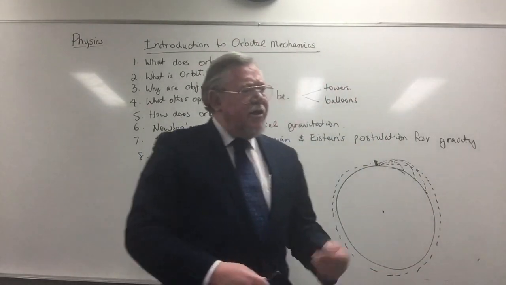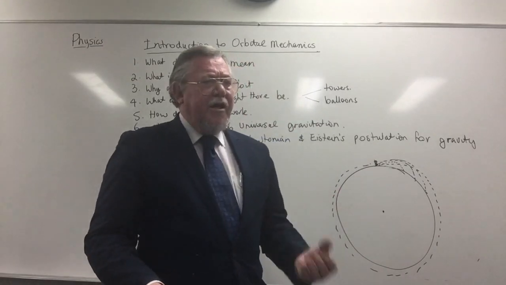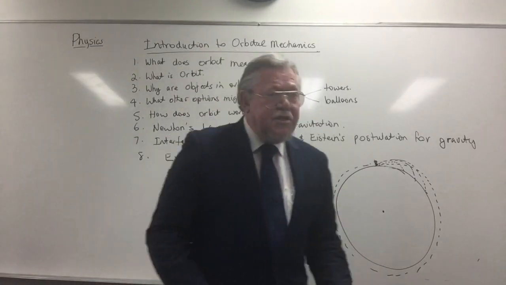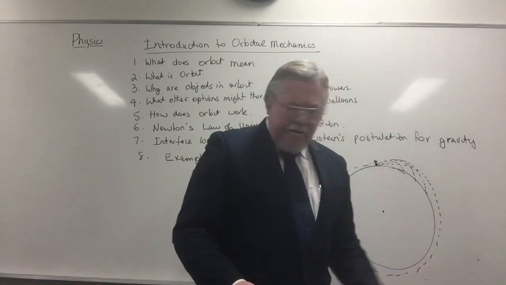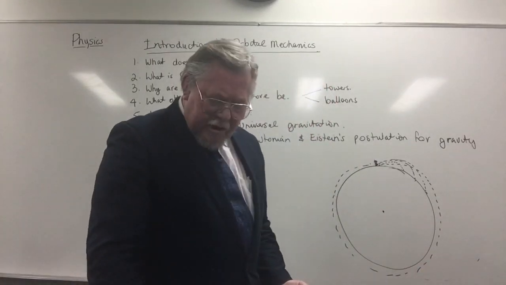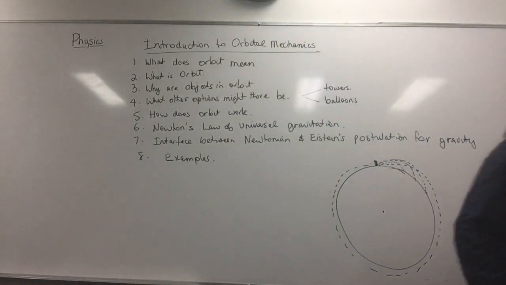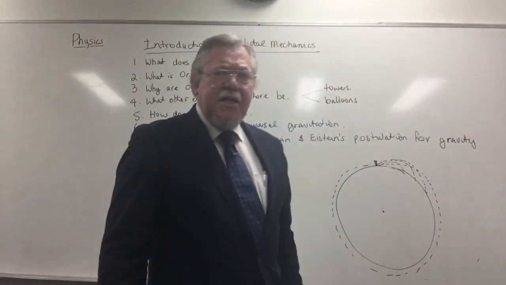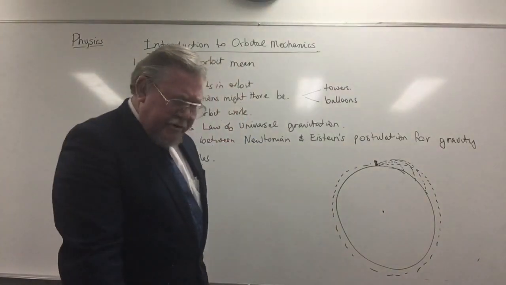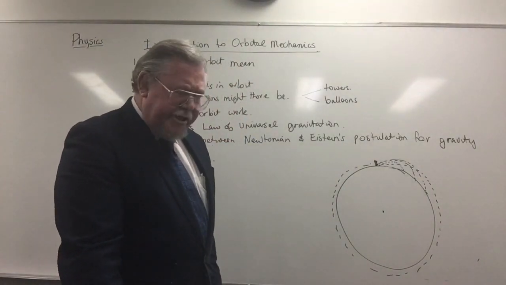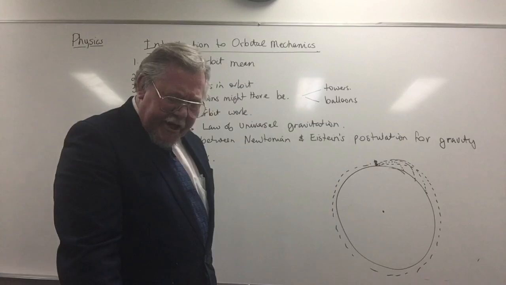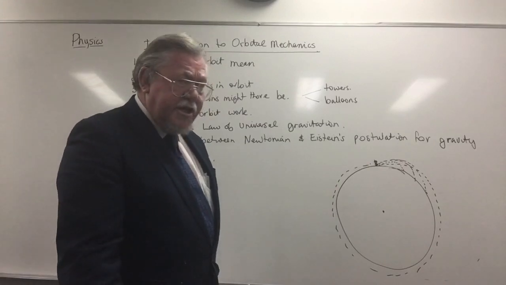For instance, one of the important ones in wars was that ships would fire a cannon from the ship. Let's put that over here, and that's the target. So with the cannon, they could work out a trajectory so that if you shot a cannonball out, you didn't have to guess.